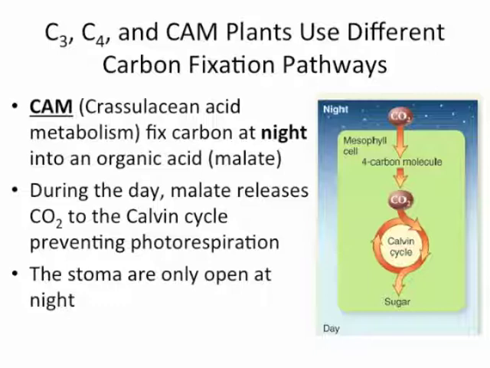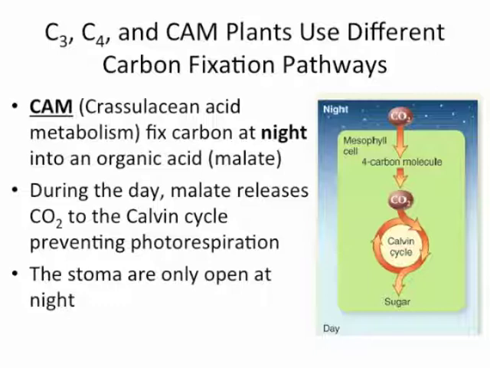So they open up their stoma at night and fix carbon into an organic acid called malate. They then feed malate to the Calvin cycle during the day so that they don't have a decrease in carbon dioxide levels. Rubisco will continue to add carbon dioxide rather than oxygen, and they're going to do fine.